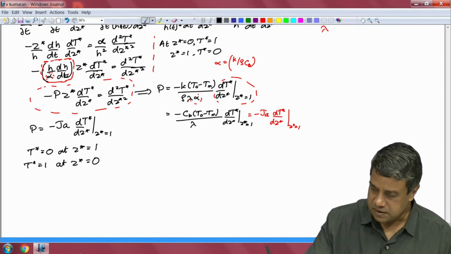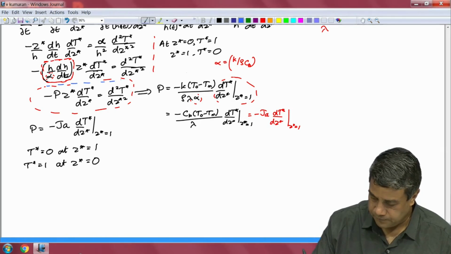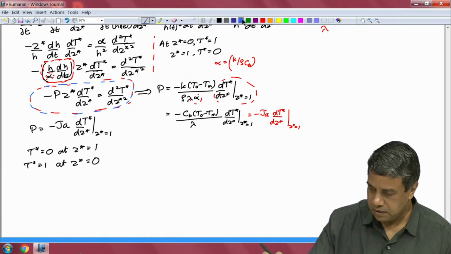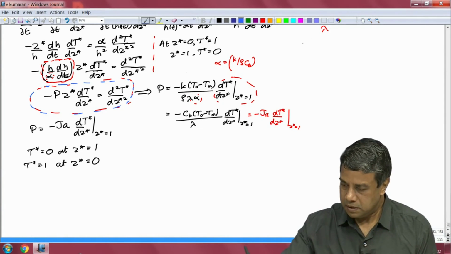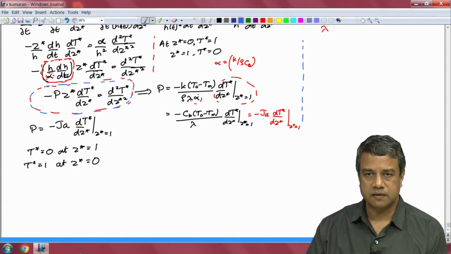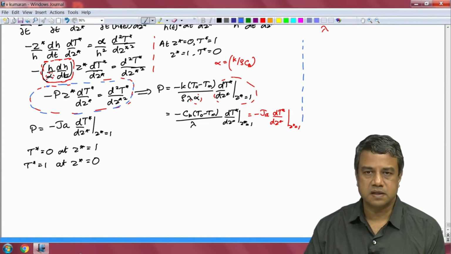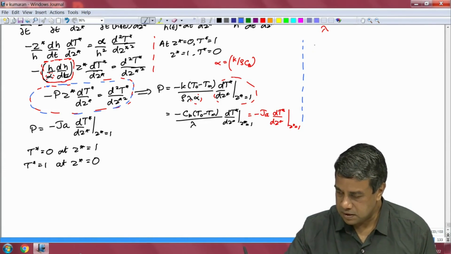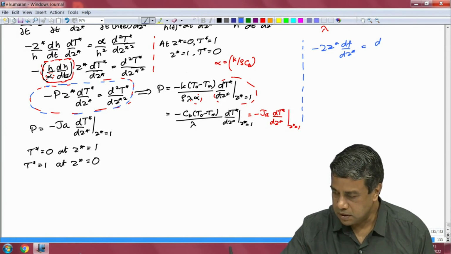How do we solve this equation? If you recall, when we had discussed conduction from a surface into an infinite medium, I had briefly discussed for you the error function. The equation for the error function is minus 2 z star df by dz star is equal to d square f by dz star square.